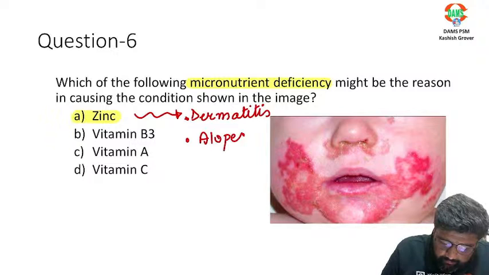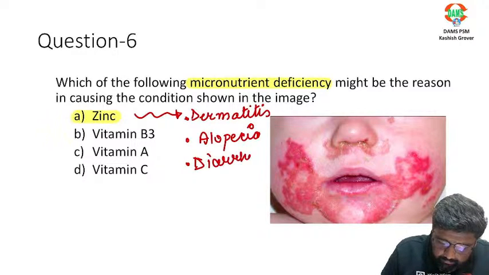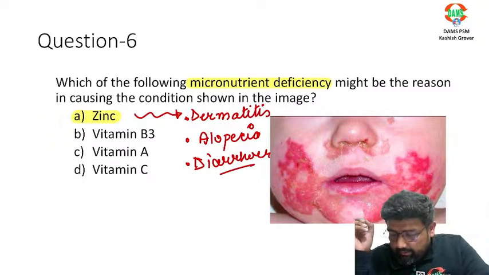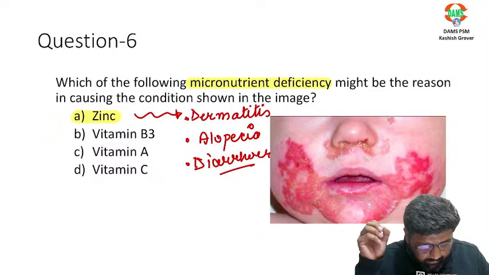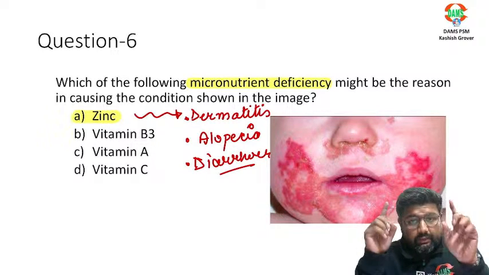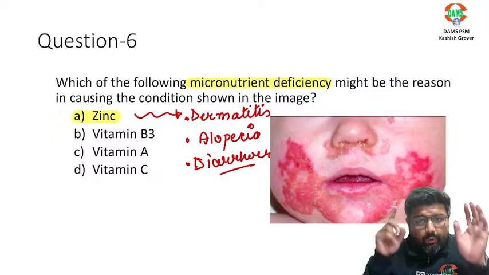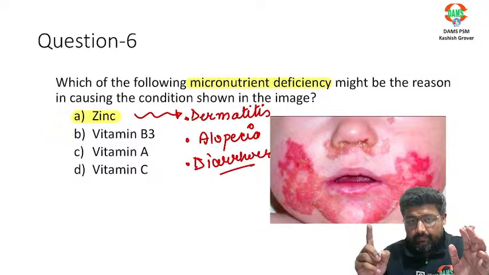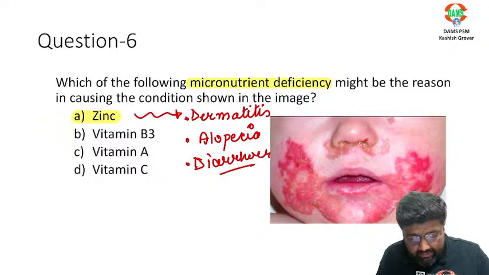alopecia, diarrhea. But I want to tell you one thing. There is one more deficiency. There is one more dermatitis, which we usually see because of a deficiency.